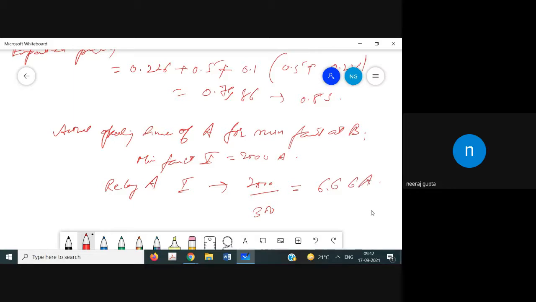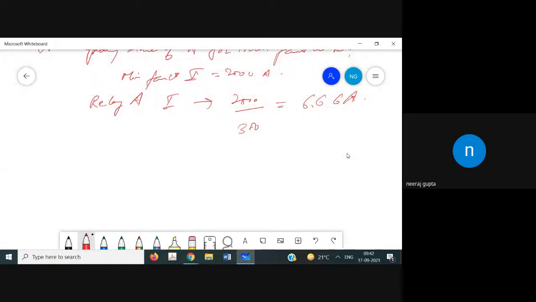Since the plug setting in this case also we have assumed as 1 ampere, PSM equals I relay, the current across the relay, divided by 1 ampere. So the plug setting multiplier in this case will be 6.66.